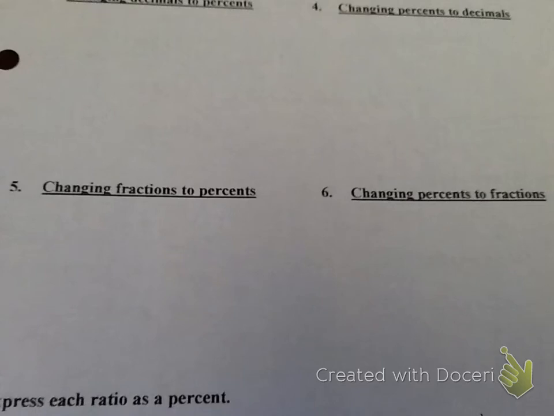Alright, changing fractions to percents. Changing a fraction to a percent is a little bit more of a difficult process because I'm doing the 2 steps that I've already done.